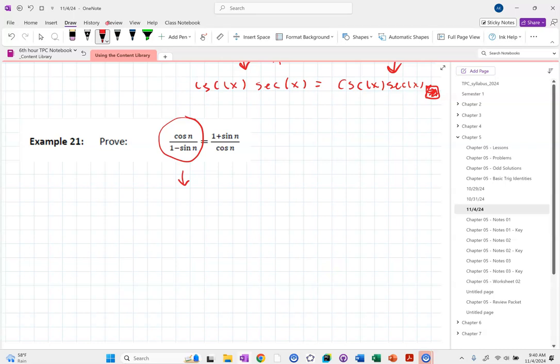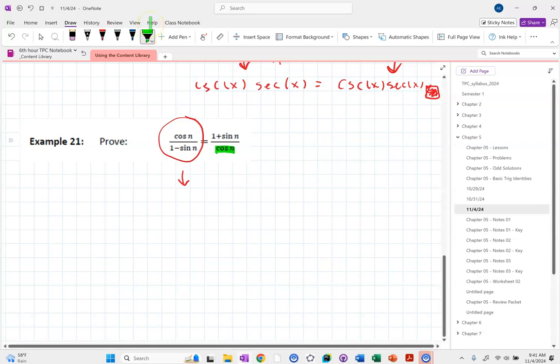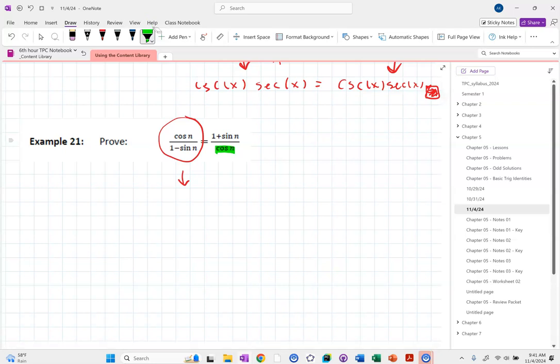Let's look at where we're trying to get to. If I look at the denominator of where I'm trying to get to, what needs to be in the denominator? Cosine. Guess what I'm going to do as my first step? I'm just going to multiply the top and bottom by cosine and force a cosine into that denominator because I know I have to get one there at some point. Everybody's okay with that?